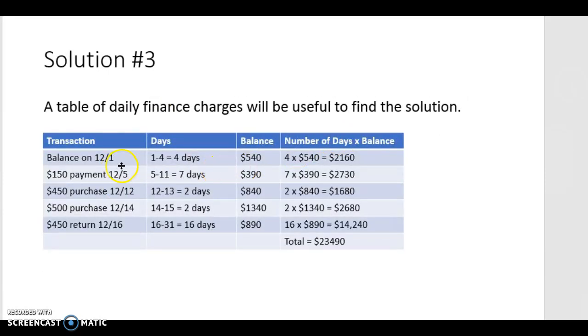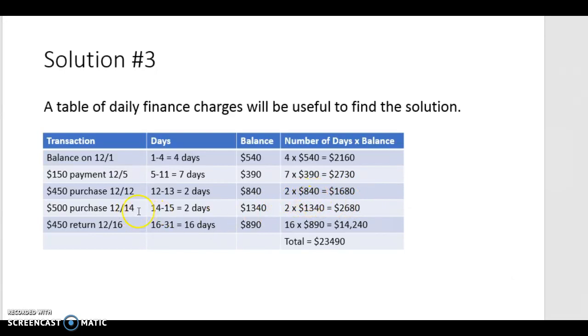So it wasn't until the 5th day that the balance went down to $390 because we made that $150 payment. So it was $390 for 7 days from December 5th through the 11th. And then on December 12th, we made a purchase for $450, so our balance jumped up to $840 for 2 days. So there's that, the $1,680, which is 2 days times the $840.